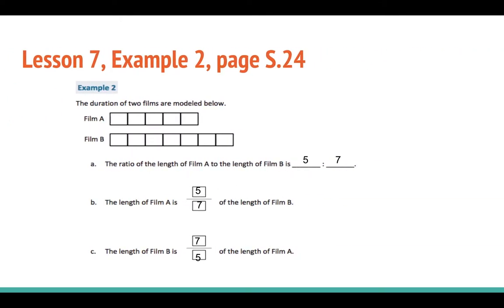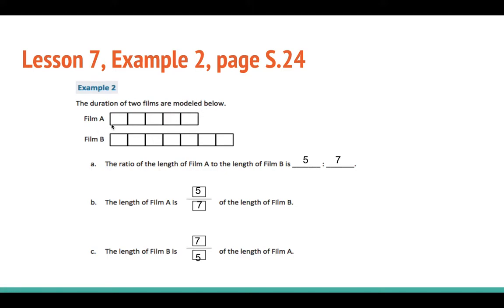Moving on to example 2, and I'm just going to go over this briefly, and if you need time, make sure you pause this after our explanation so that you can copy this. The duration of 2 films are modeled below.